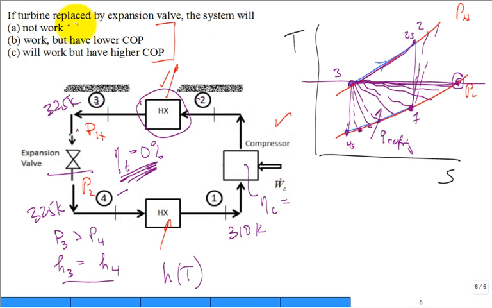So it's not going to work. It's just not going to work. There are some cases where if you really get the cooling and you bring 3 way down here, you could do it and then have some refrigeration effect, but not for the numbers we threw out. Okay? So that was a tough problem, right?